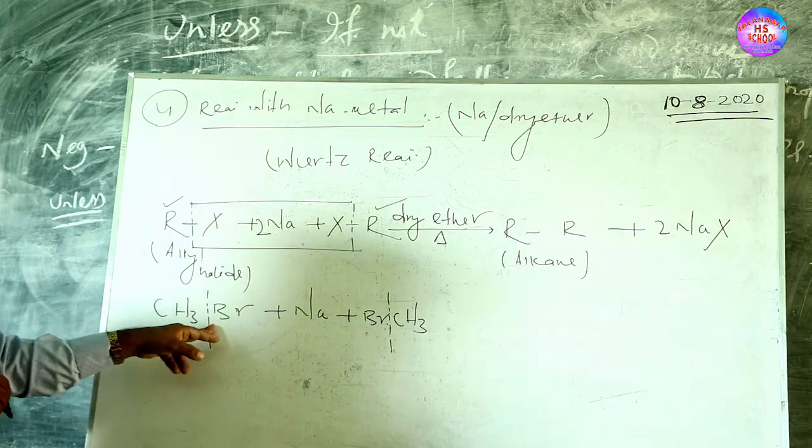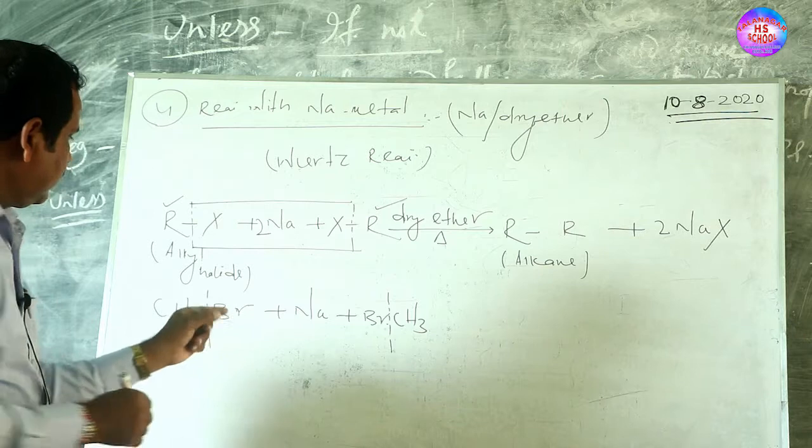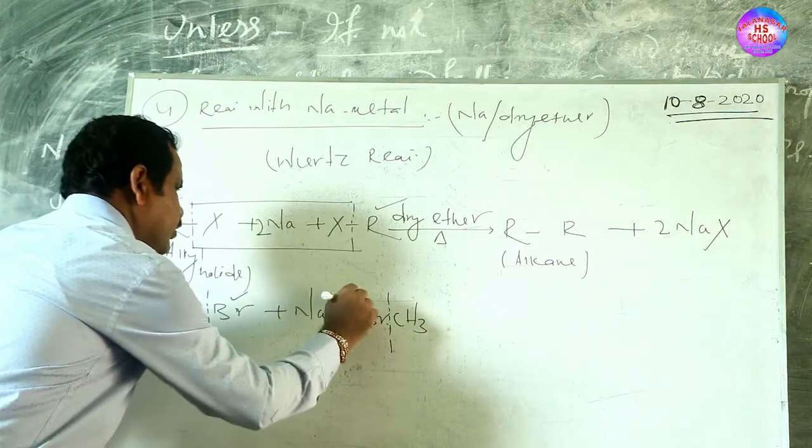Sodium bromide and sodium bromide for two halogen atoms, bromine and also bromine.